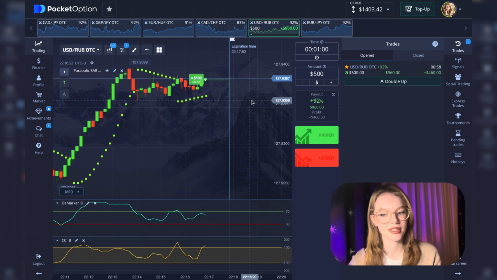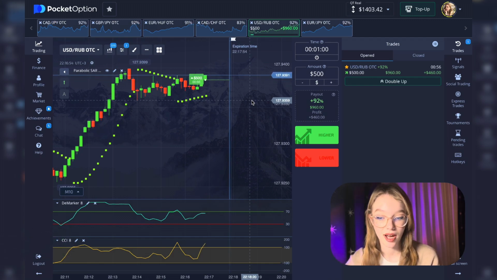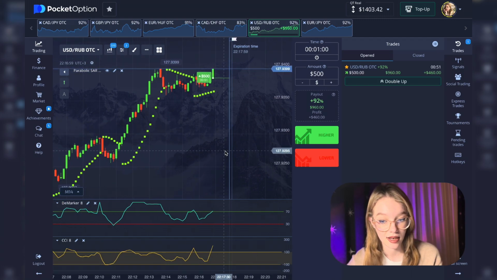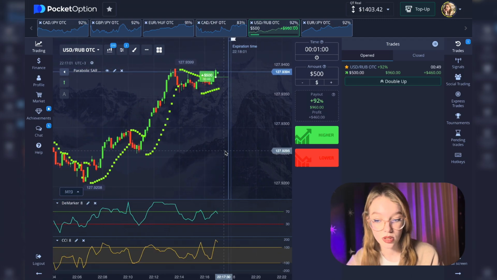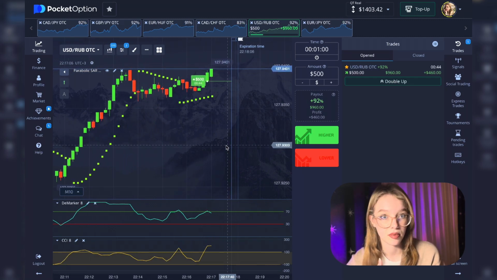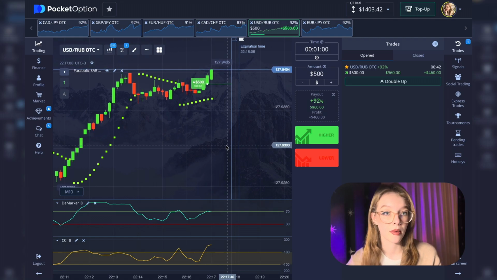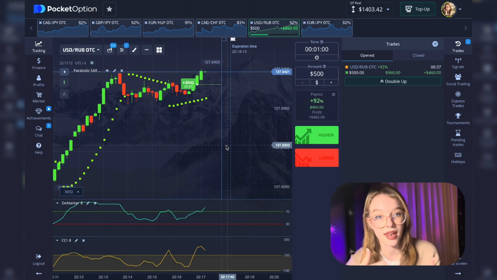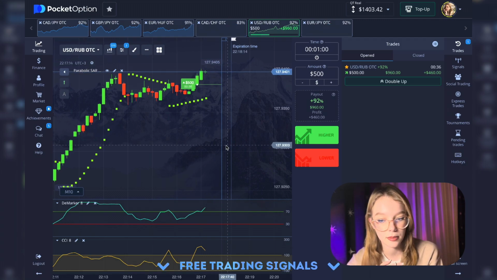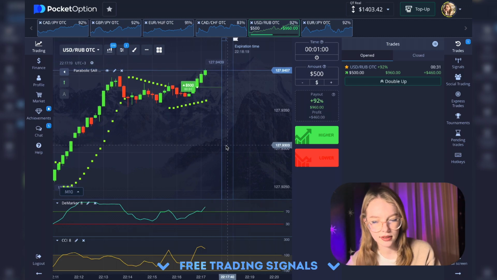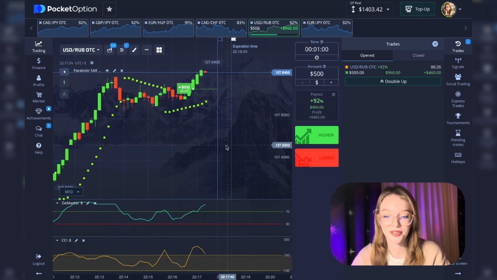I opened a deal for $500 here because both lower indicators are directed upwards and the DeMarker indicator is approaching the upper mark. We can also see that the chart is far enough away from the parabolic indicator line, so I boldly opened this trade. Now we just wait for our profit.